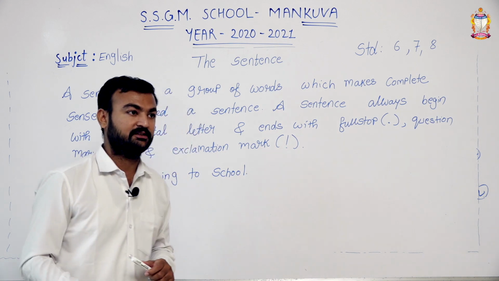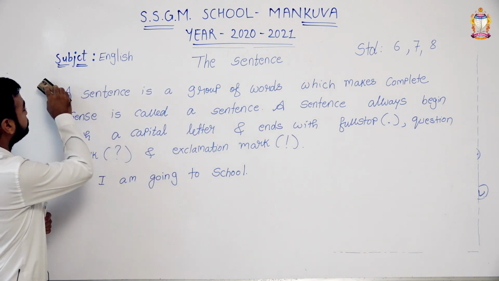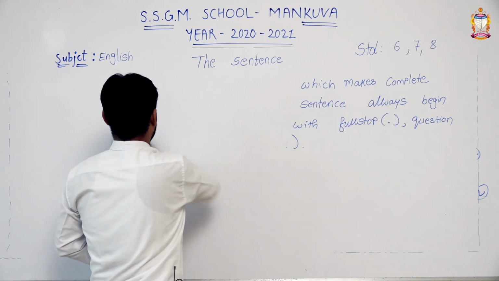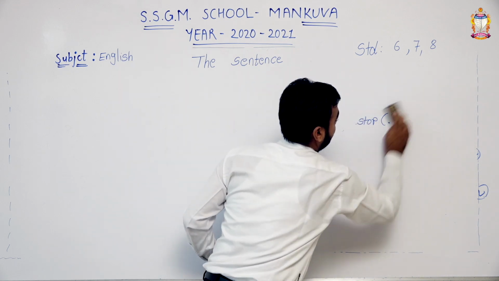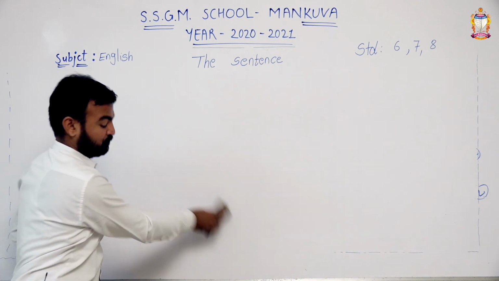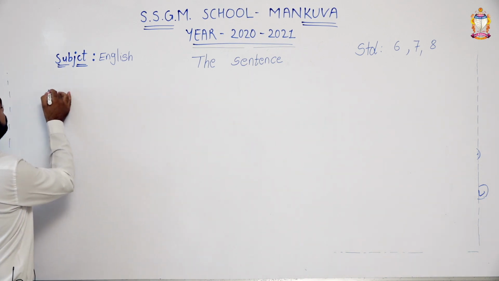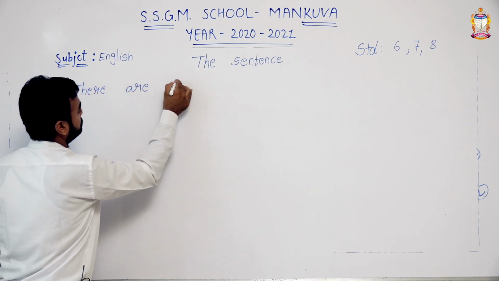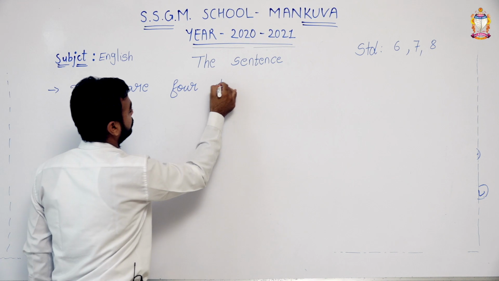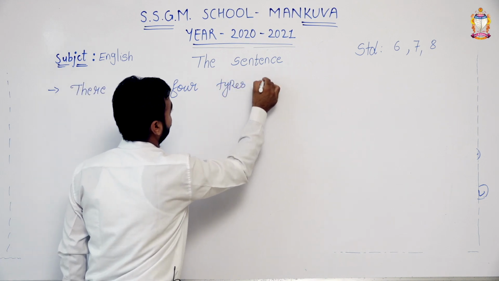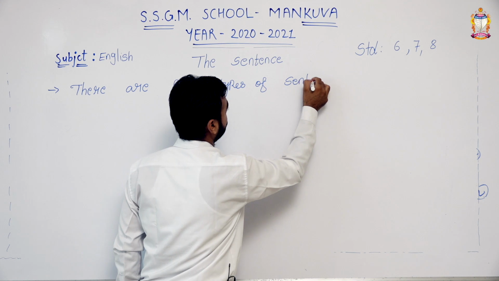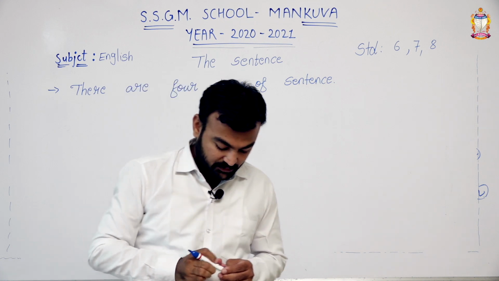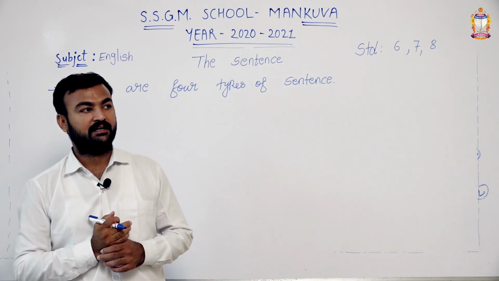Now let us move forward to the types of sentence. There are 4 types of sentence. Number 1, declarative or assertive sentence.